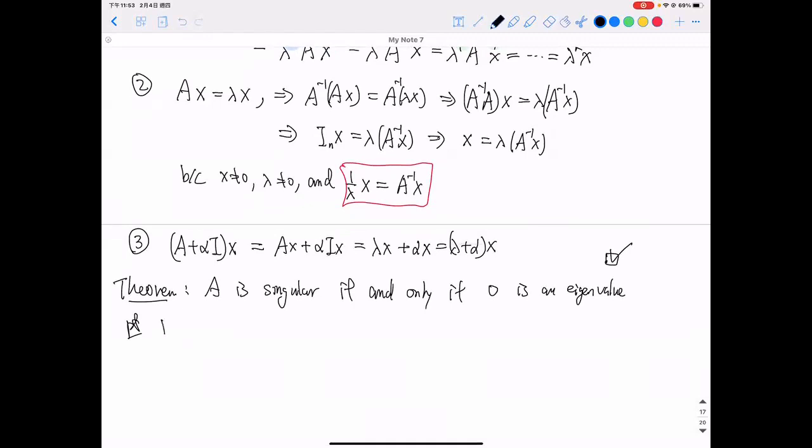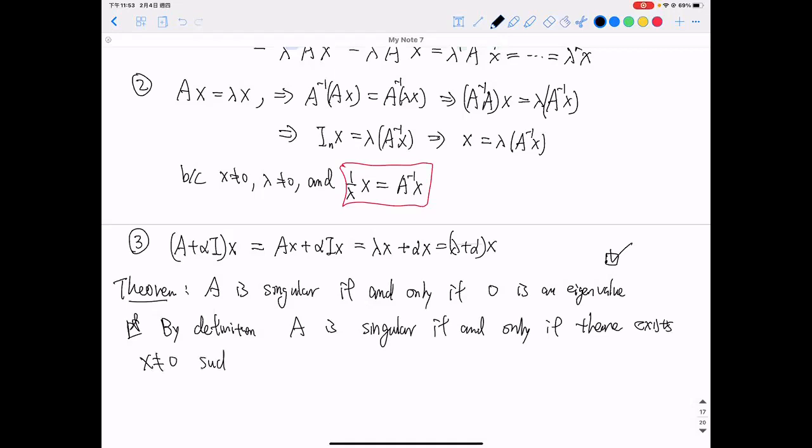More precisely, by definition, A is singular if and only if there exists x non-zero such that AX is 0.